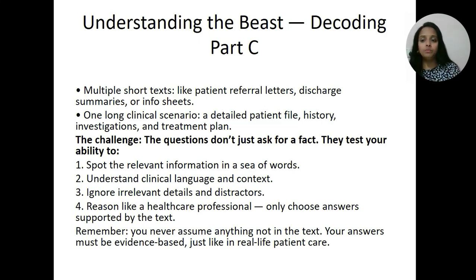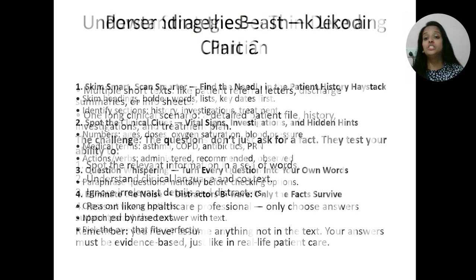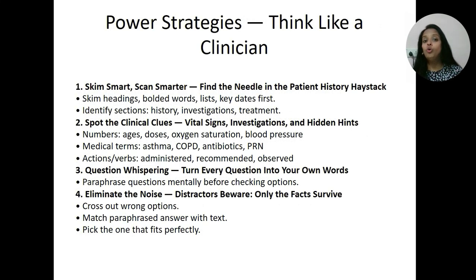Okay, now I'm going to give you the power strategies, your OET reading toolkit. Think like a clinician. The first one is skim smart, scan smarter. You have to find the needle in the patient history haystack. Before reading questions, skim the text once.